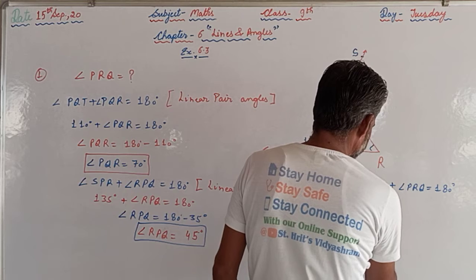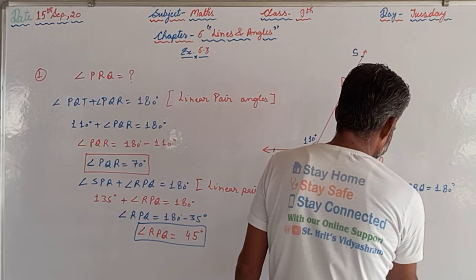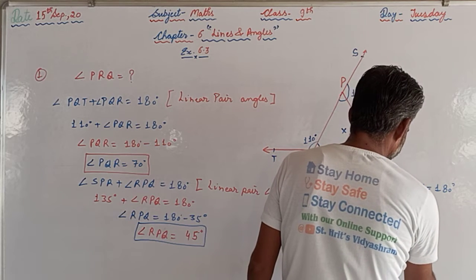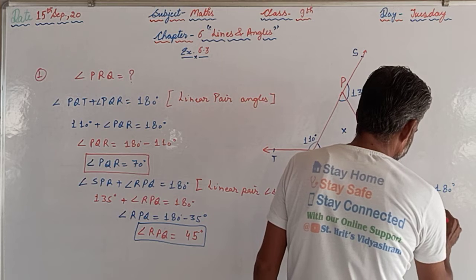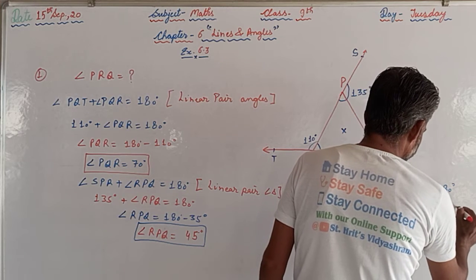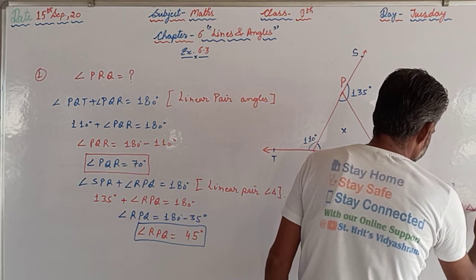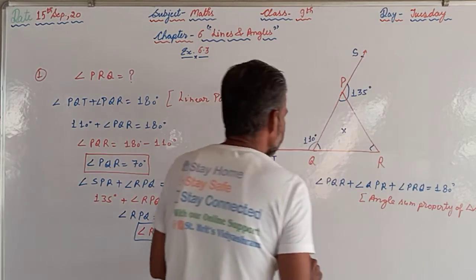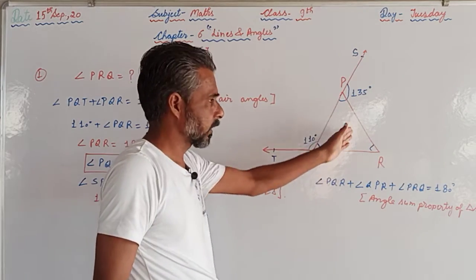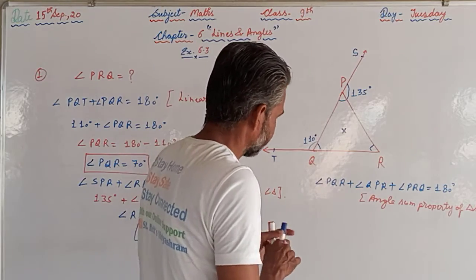Why? Angle sum property of triangles. As we know, the sum of the angles of a triangle is 180 degree.